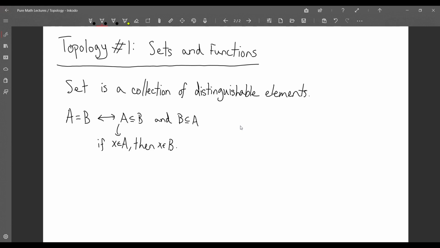You start by picking any element of the first set and arguing that it's in the second set, and vice versa. So although this seems a trivial matter, this is how you prove two sets are equal.